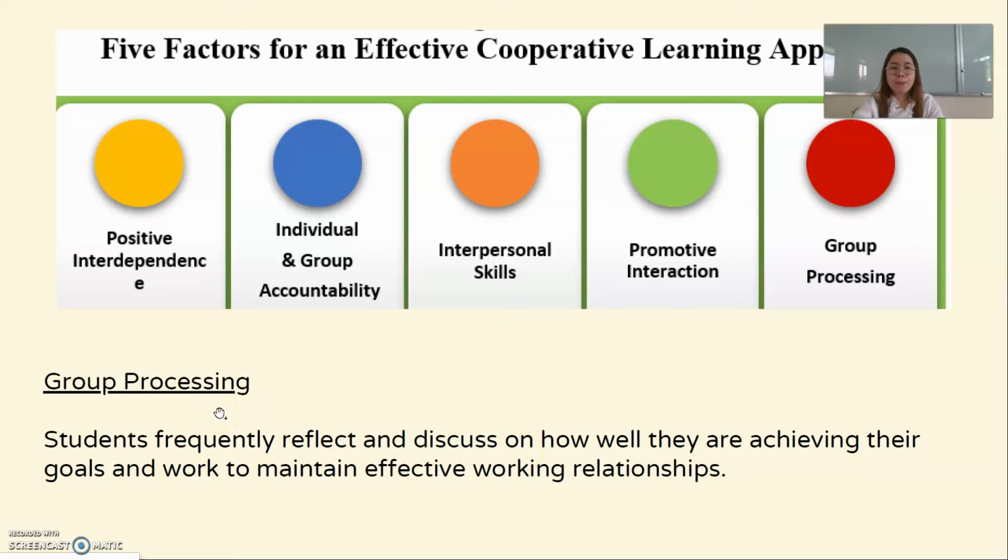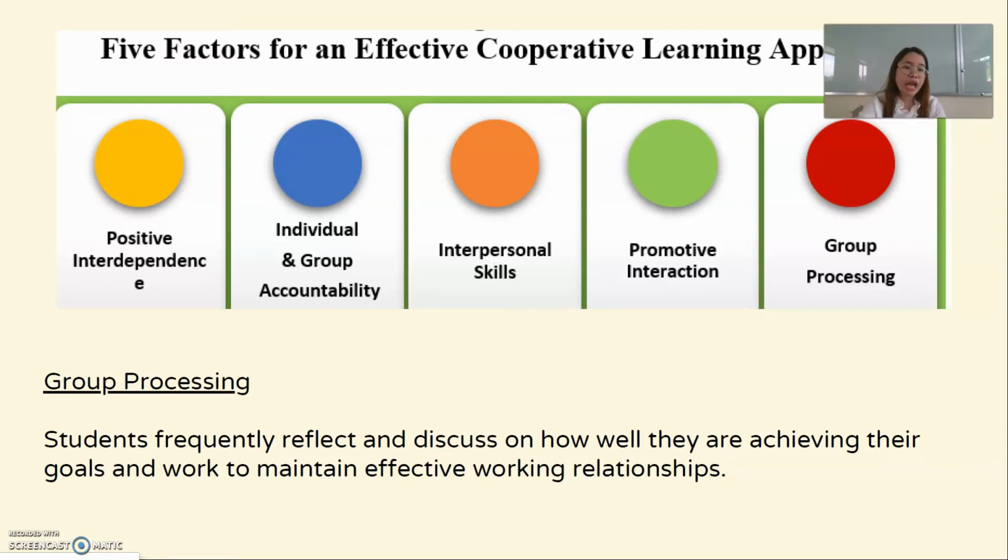Usually, this part of the cooperative learning approach is forgotten. Because after the group activities, the teachers will just let the students report their group's output, and then after that, the teacher will give feedback, so on and so forth.